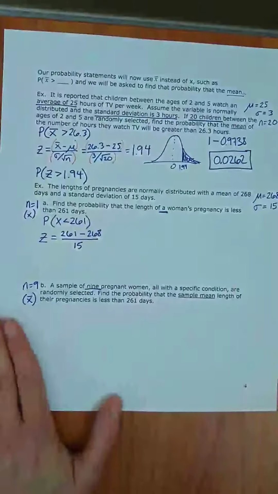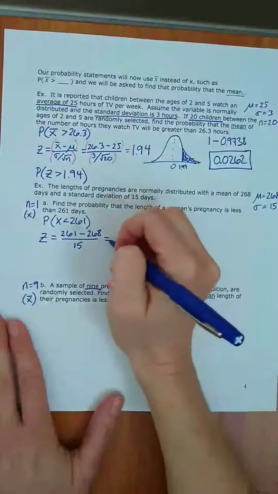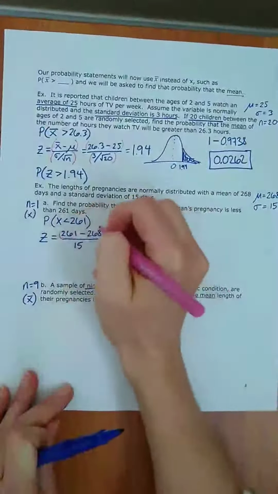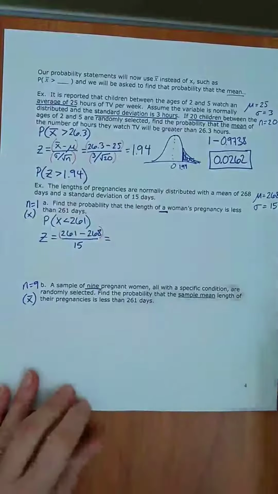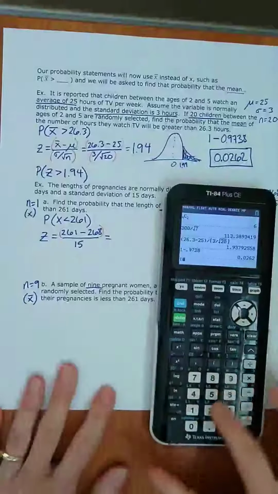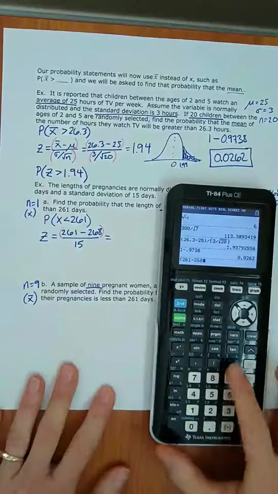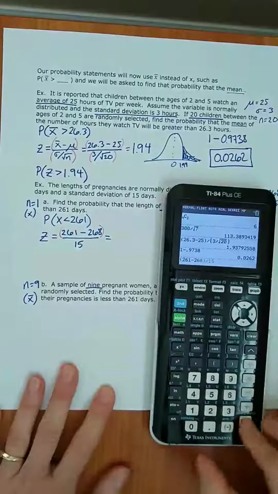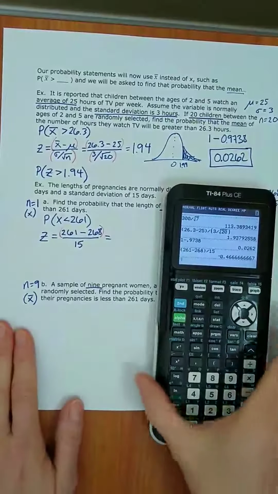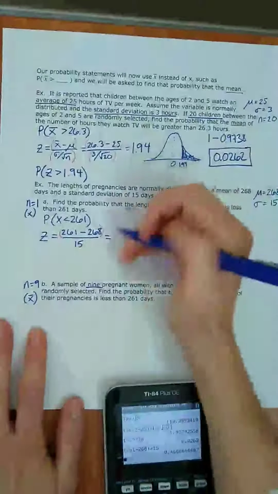So that's the old or the original z-score formula. And we did still need parentheses around the top there if we were entering this at one time in the calculator. So our z-score is negative 0.47, rounded to 2 decimal places.